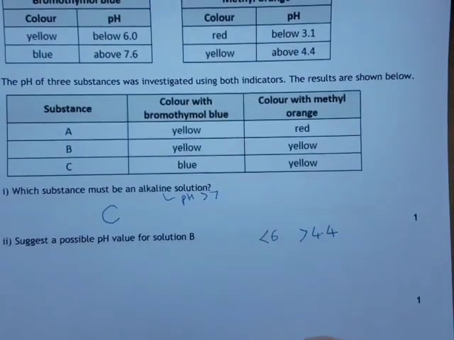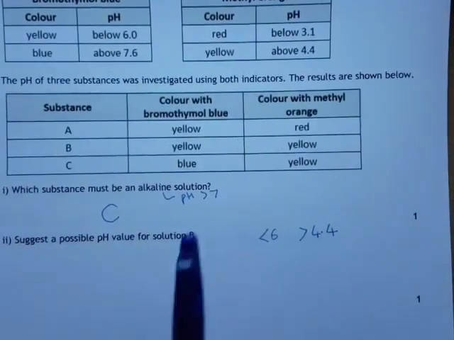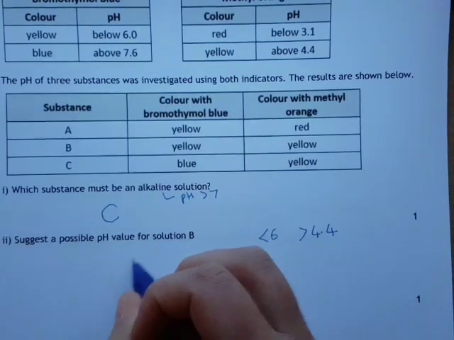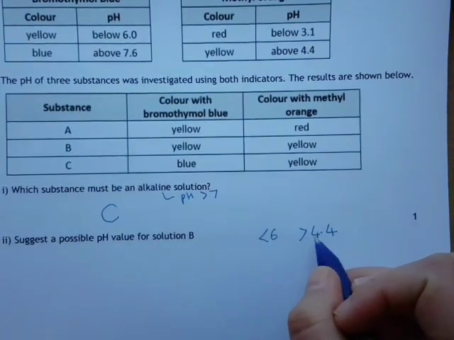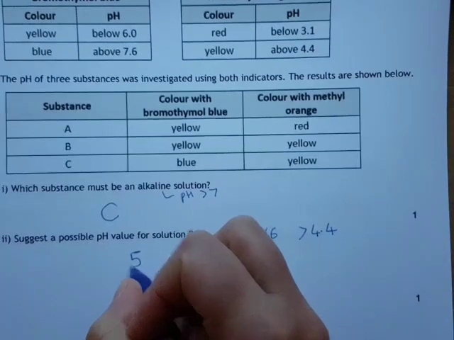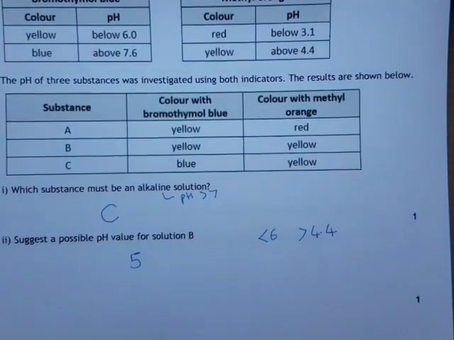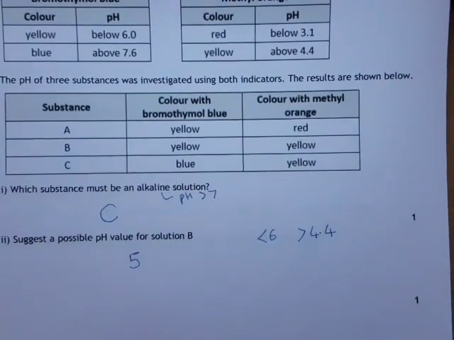So if you give any value between 4.4 and 6, I'm giving you the mark for that question. Typically, you might have suggested something like pH 5. I think that would be fine. But if you'd said anything from 4.4 to 6, that was okay for that question.